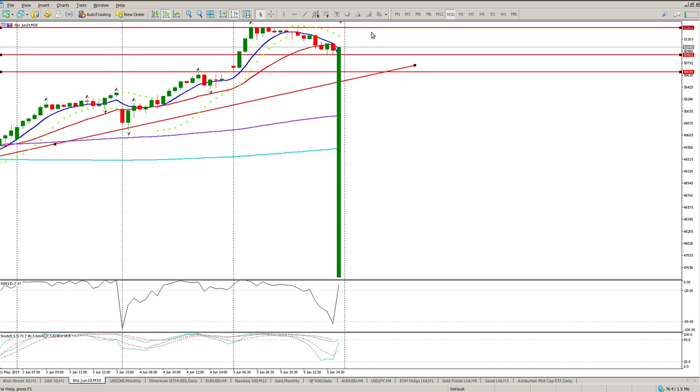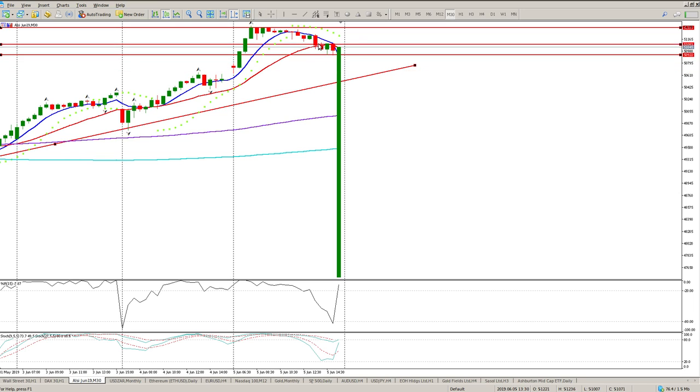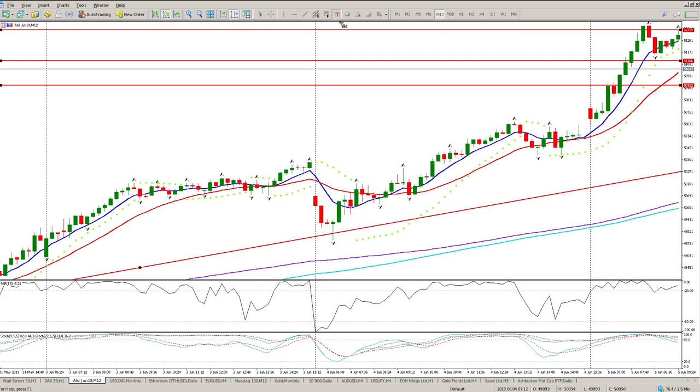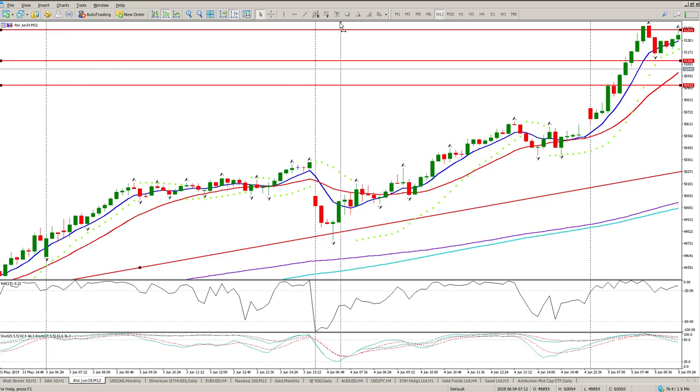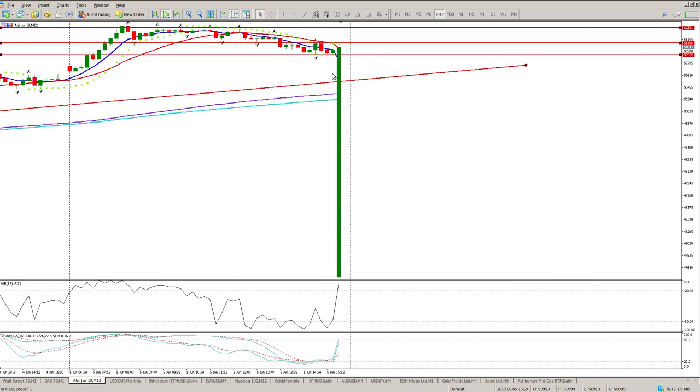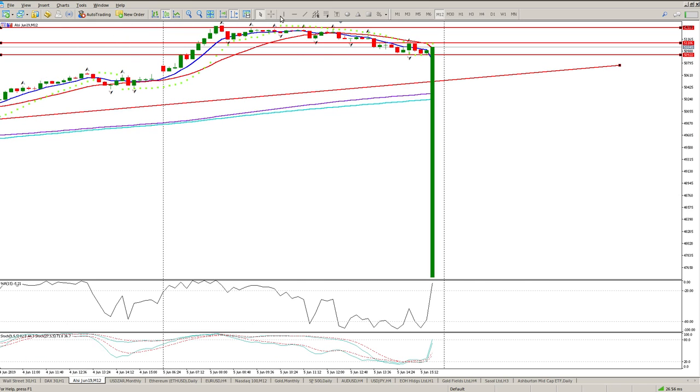Okay, so let me just use this one here, and I'll take it right down to, okay, so a break below 59.22, then you can expect us to hit the bottom here.